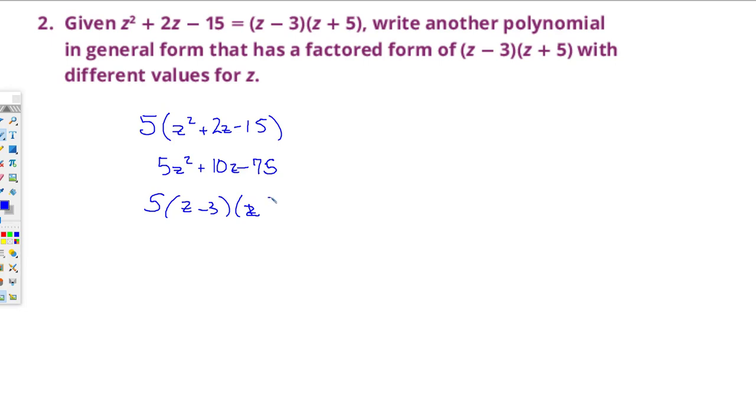So I'd factor back to that same base. It just would have a different graph view because it'd be more stretched. So this is a different trinomial in general form that has the same factors.